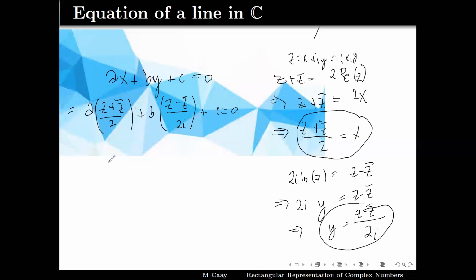If I simplify this, I'm not going to do it step by step with algebra, because we're not talking basic algebra here. But you can verify that this is (a minus ib) over 2 times z, plus (a plus ib) over 2 times z bar, plus c equals 0. Or, multiplying by 2, 2c rather.